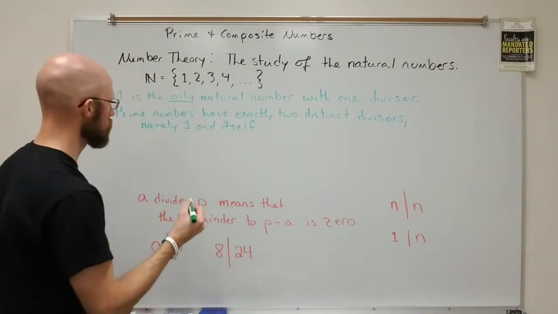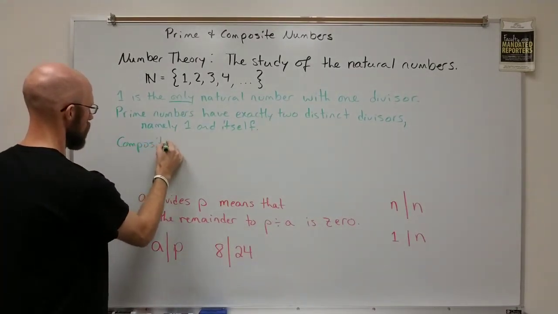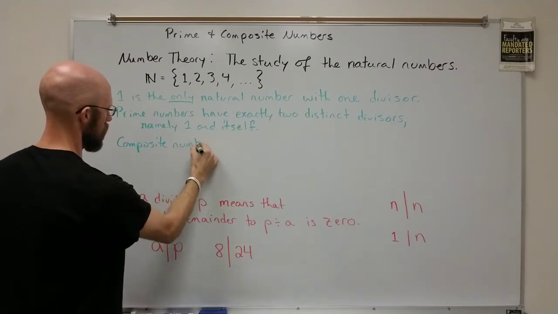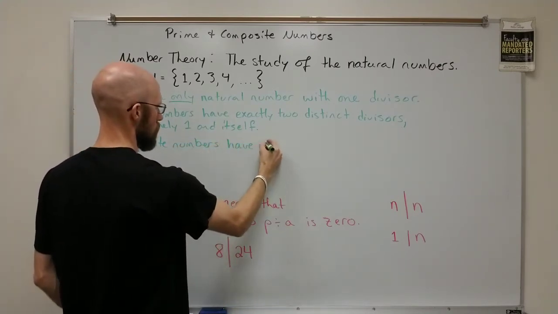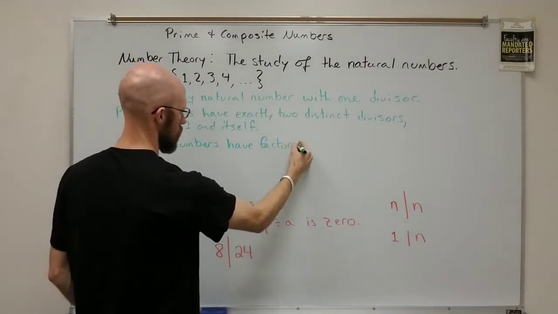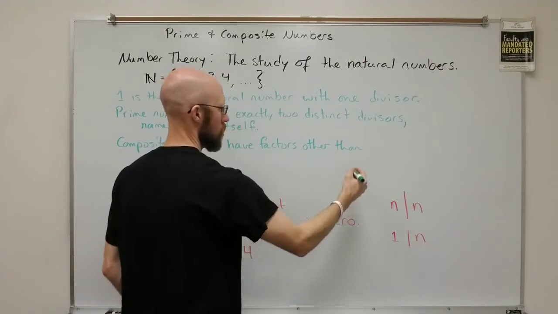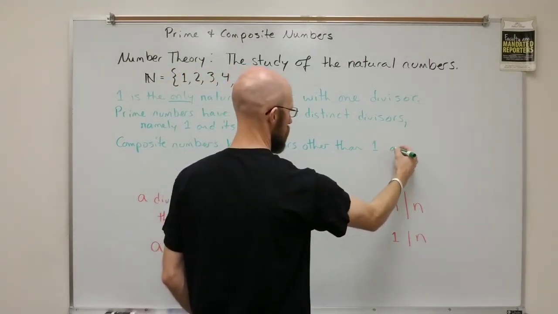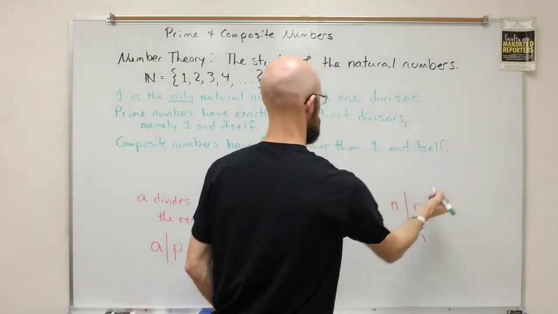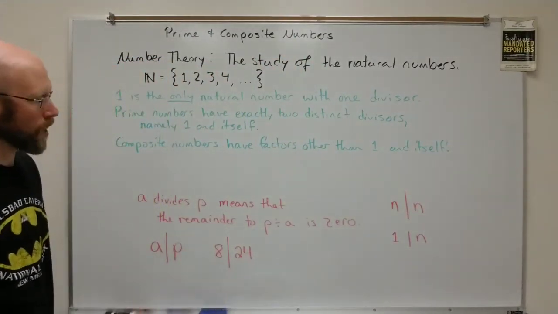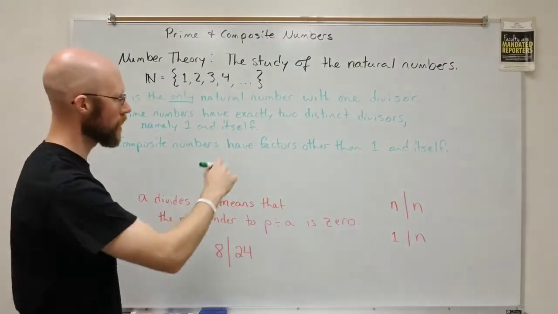So what I want to say here is that composite numbers have factors other than 1 and itself. You could also state that another way, that it has more than 2 distinct divisors.